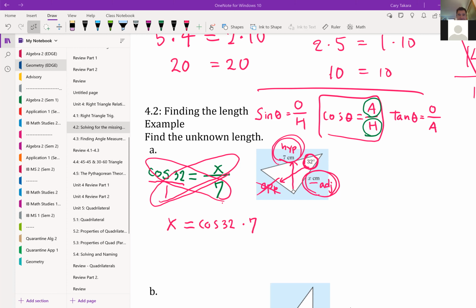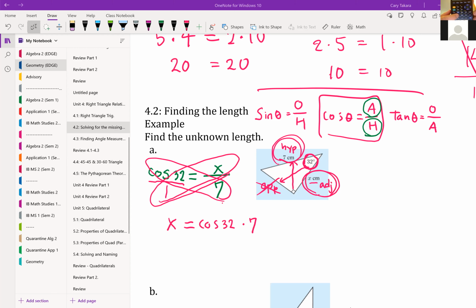So you multiply cosine of 32 times 7. So now, you have to use a calculator for this, okay? So take out your calculator. Now I want you to find the cosine button. Mine is right here.